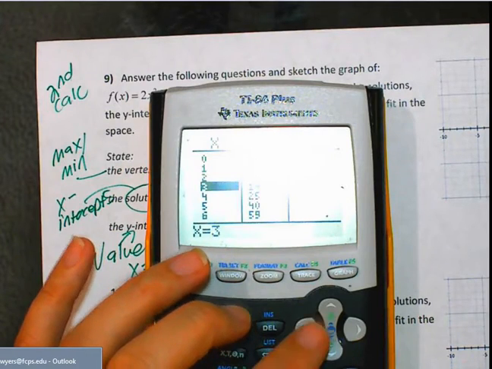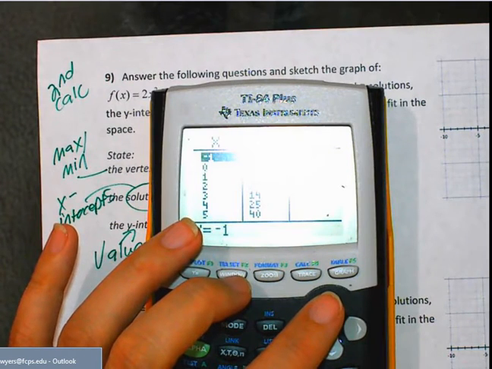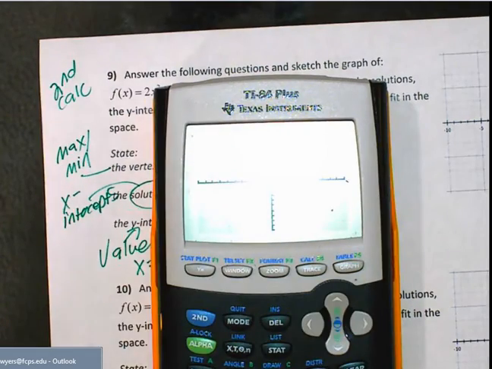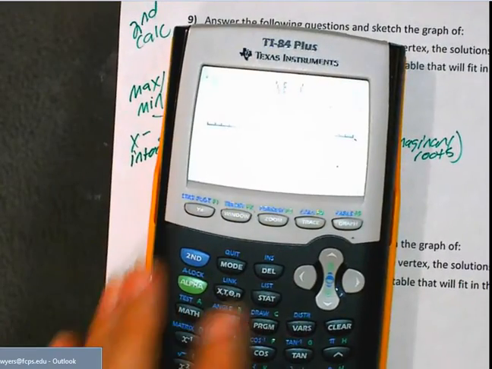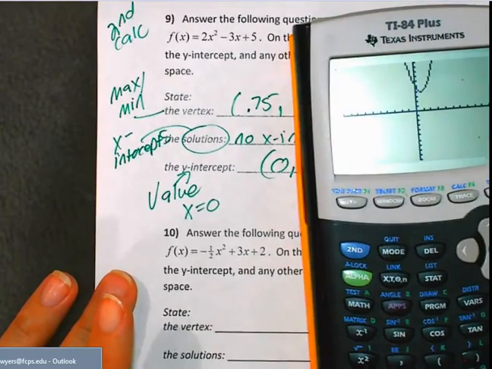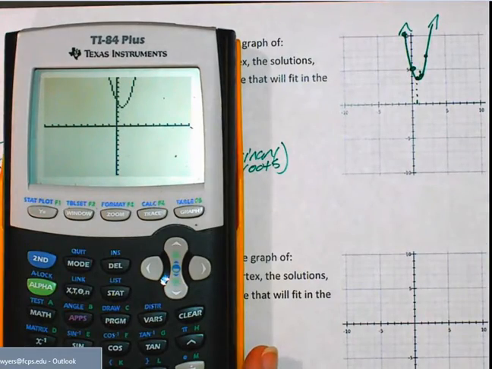Okay, 3, 14 will show up if you go the other way, negative 1, 10, so that's going to be up here. So then you can kind of sketch in your parabola. And again, look back at the graph, make sure that that makes sense. Glare from the light there. Okay, so if we look here, it's not the best drawing, but it's pretty close.